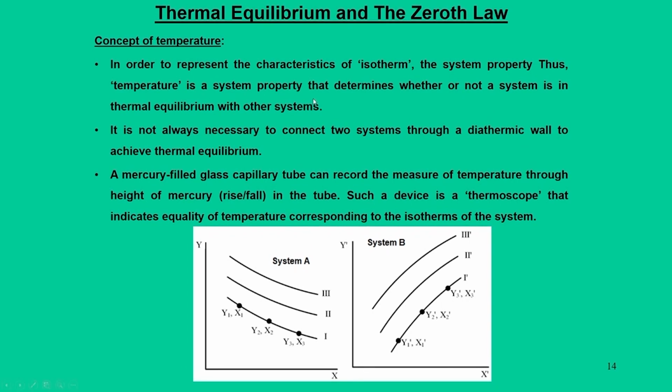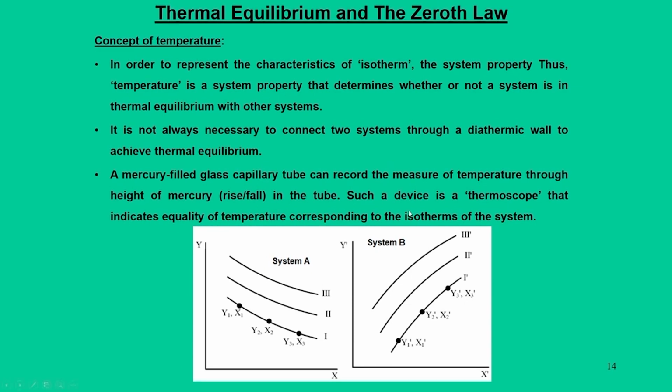Now, we gave the concept of temperature or thermal equilibrium through the diathermic wall, but it is not always necessary to use a diathermic wall. What we see is that we use mercury or some kind of liquid which can bear the properties of this diathermic wall, and which can measure or record the temperature change while it is in equilibrium with its own surroundings.